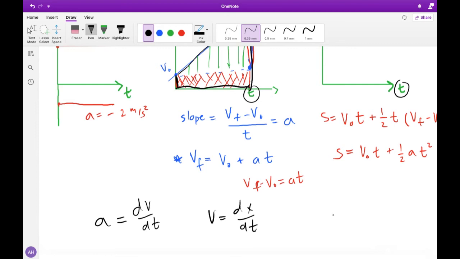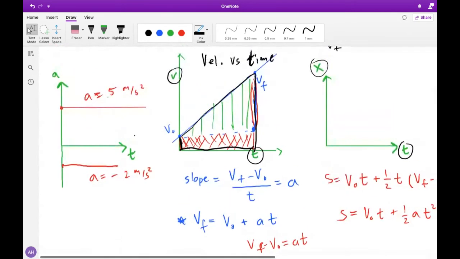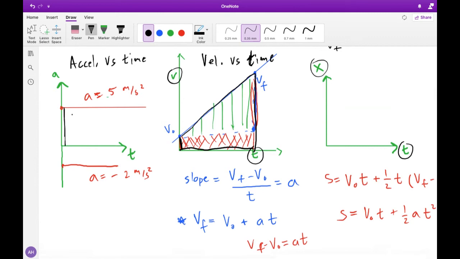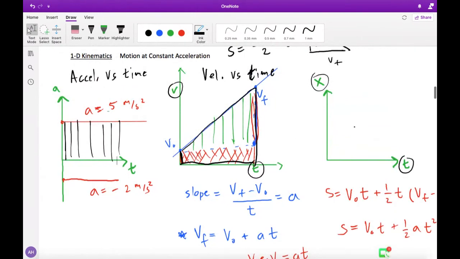And similarly, if we look at the acceleration versus time graph, so this is our acceleration versus time, the area underneath this graph, so this area here, actually gives us the velocity, similar to how the area underneath the velocity time graph gives us the displacement.